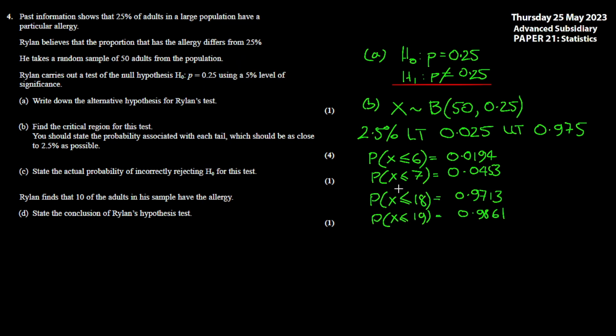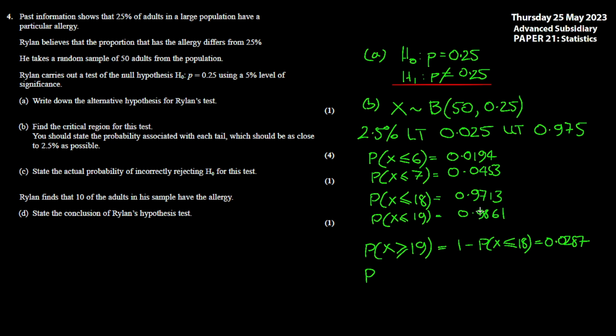But we need the probability of x being above this number. So we need the probability of x being greater than or equal to 19, which is the next number up. And this will be equal to 1 minus the probability of x being less than or equal to 18. And this, if you work it out, take this number away from 1, you get 0.0287.